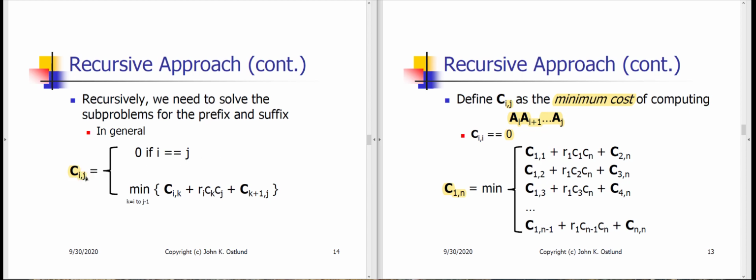So otherwise, if j is greater than i, then we're going to need to find the minimum of all of the C sub ik plus the number of rows of matrix i times the number of columns of matrix k, times the number of columns of the final matrix j, plus the minimum cost of the suffix part. And this is going to be true for k going from i up to j minus 1.